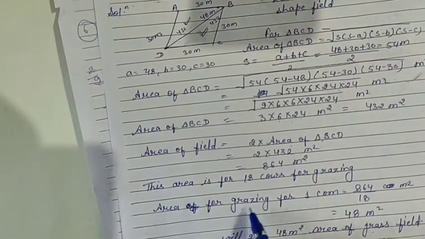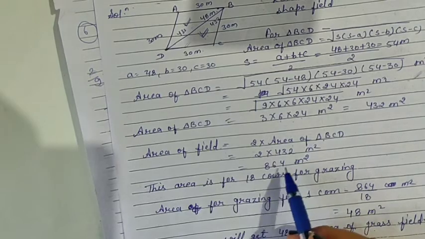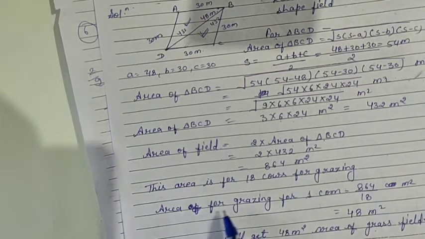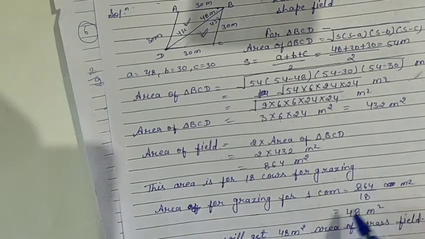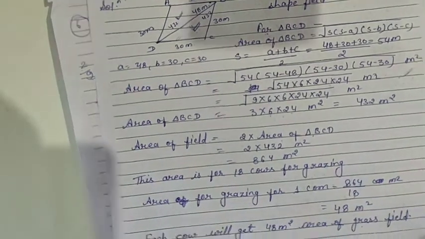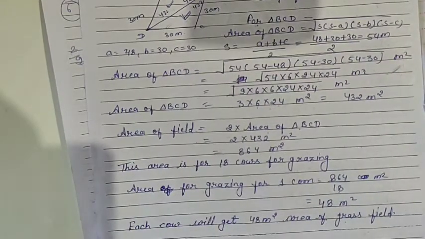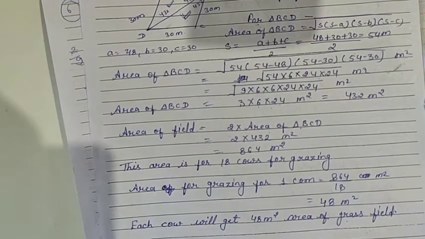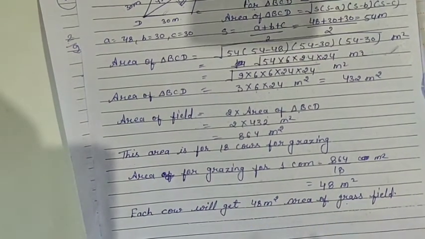So area for grazing for one cow is equal to 864 upon 18 meter square, and when I divide 864 by 18, then I get 48 meter square. So each cow will get 48 meter square area of grass field.